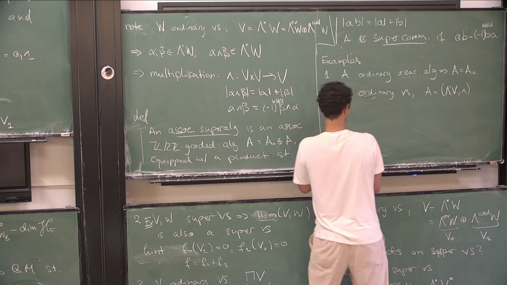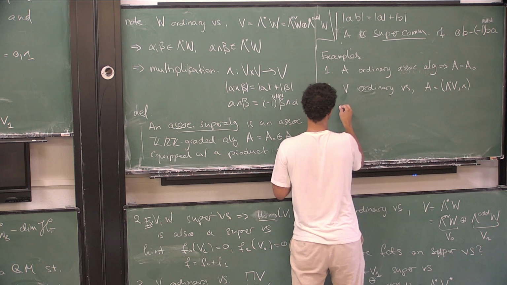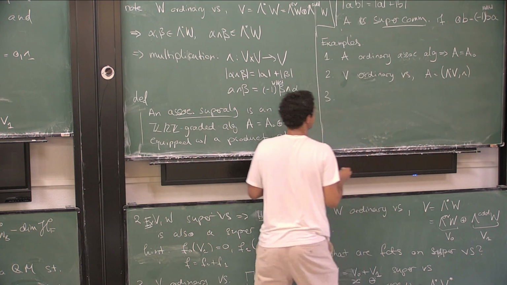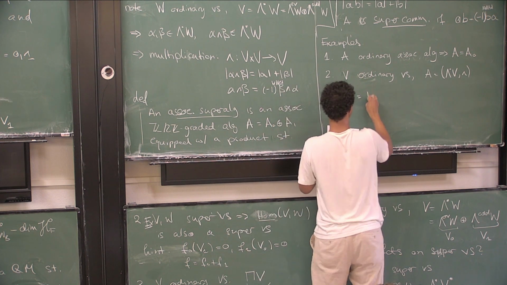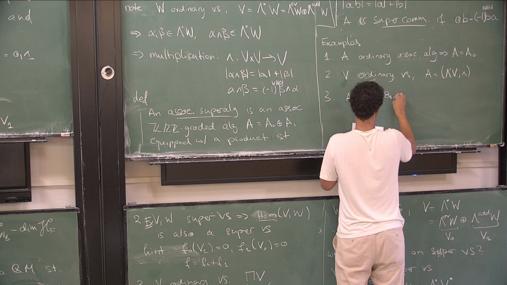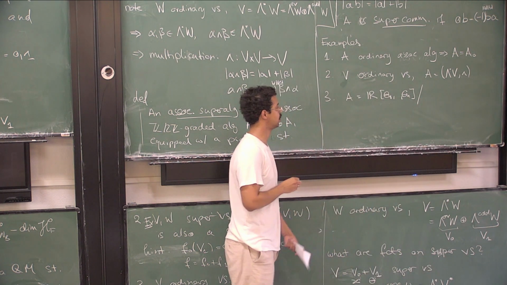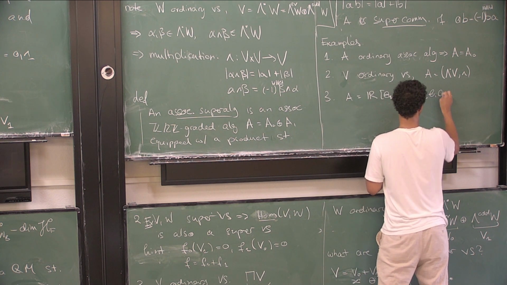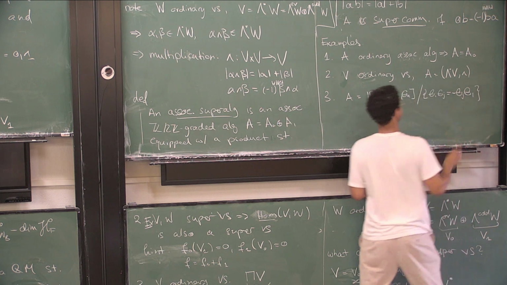And you can actually realize this algebra as follows also. This is the equivalent definition. You take the algebra A generated by the elements theta_1 to theta_n, and you mod out by the relation that theta_i theta_j is minus theta_j theta_i.